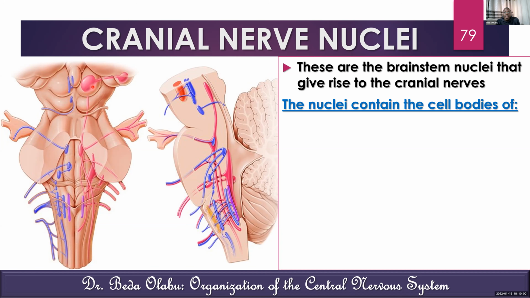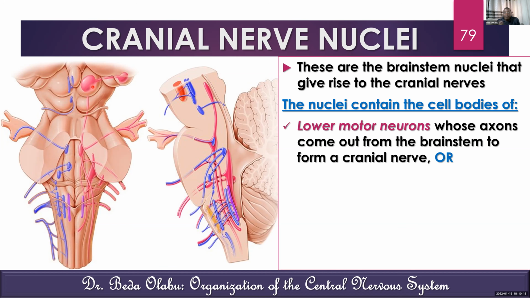So these nuclei contain cell bodies, but which types of neuronal cell bodies constitute the nuclei of cranial nerves? There are three categories. One, there could be cell bodies of lower motor neurons. Lower motor neurons are neurons which go to skeletal musculature.